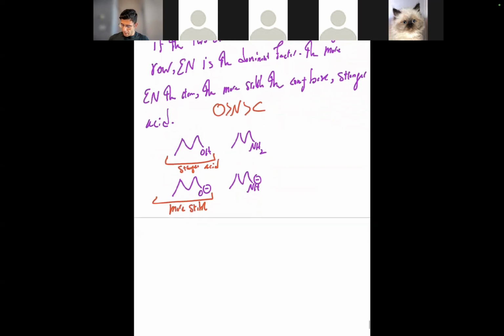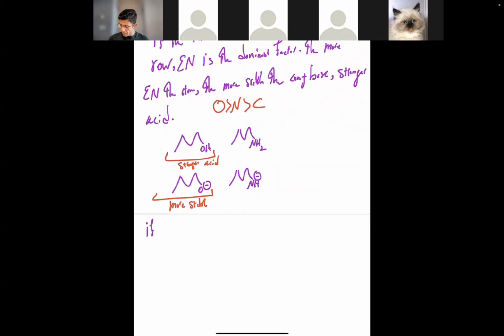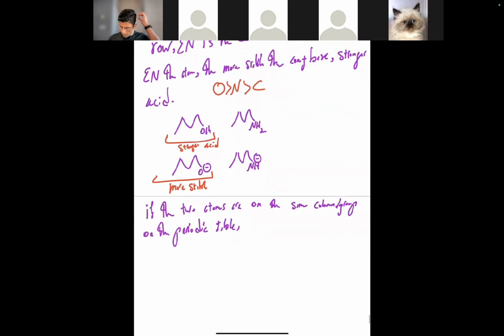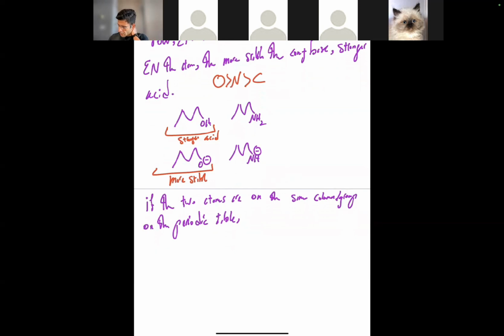And then if the two atoms are on the same column or group on the periodic table, the dominant factor is radius, or as they call it in Chem 123, polarizability.